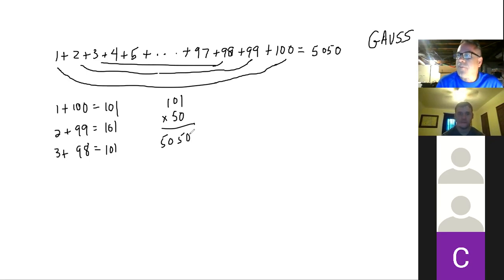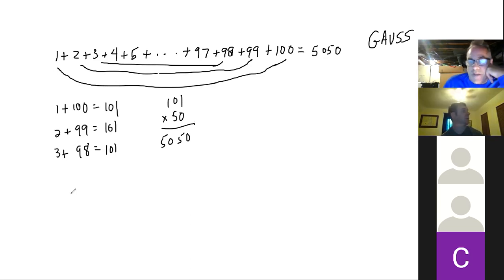So there's several problems that actually ask you, it explains all this, talks about Gauss a little bit, and then asks for different sums, but using that same method. Now I'll go ahead and throw this out to you.